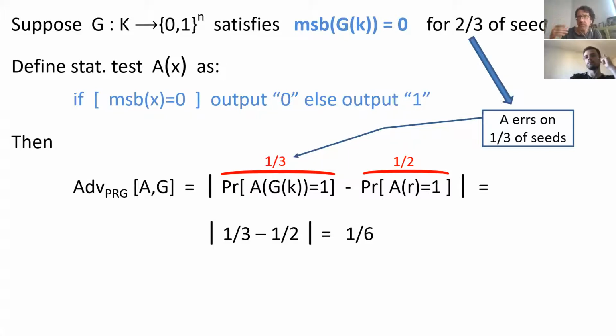But a random string satisfies it with probability 1/2. Then that will be an attack against the PRG. And any algorithm G whose outputs can be tested in such a way will be an insecure proposal.